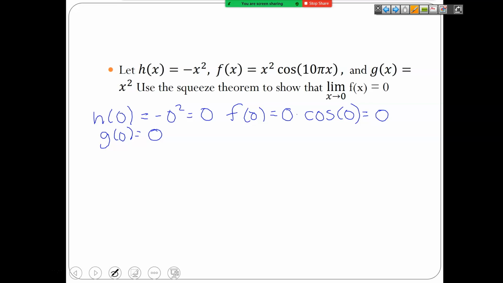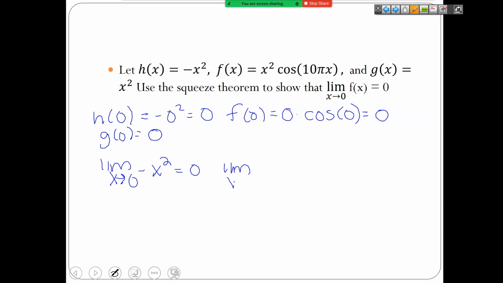So if you use your graphing calculators to sketch this, you can show that the limit as x approaches 0 of negative x squared is equal to 0.